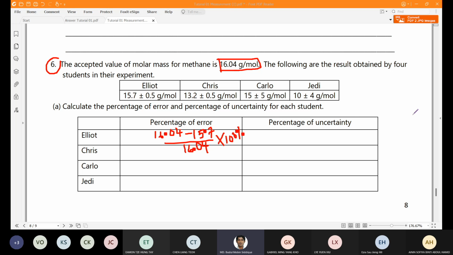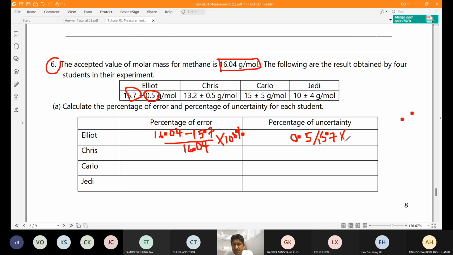So, for percentage of uncertainty, we see how much is the tolerance or uncertainty over the total value, that is 0.5 over 15.7 times 100%.